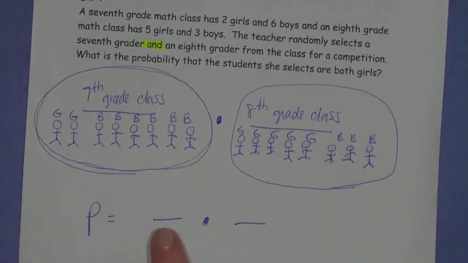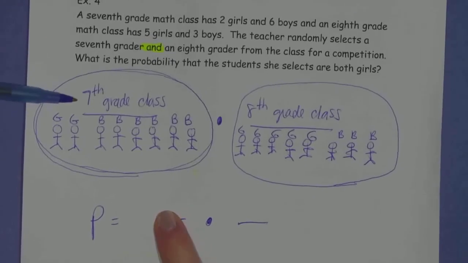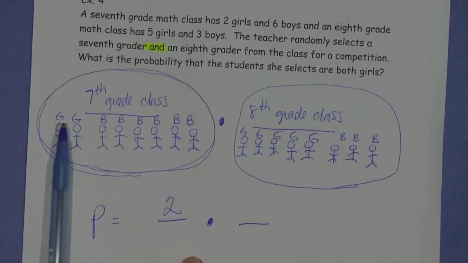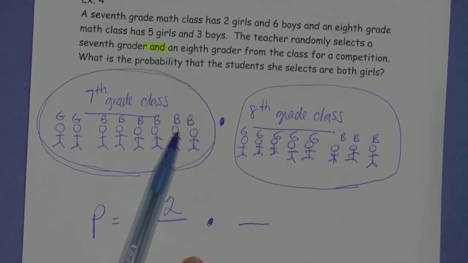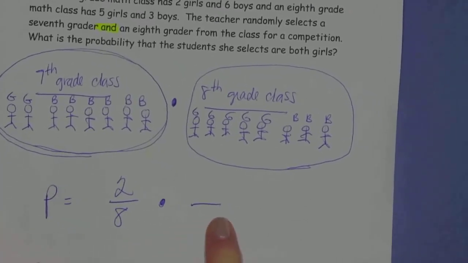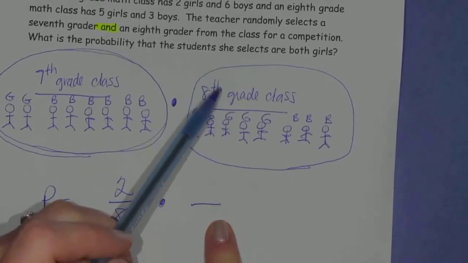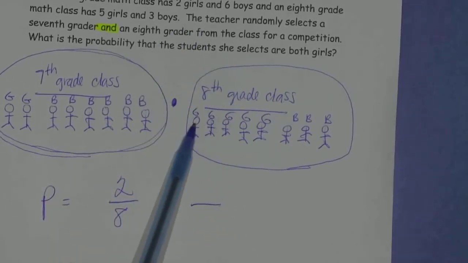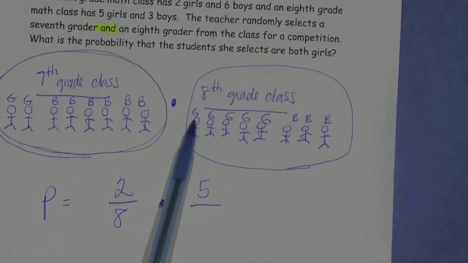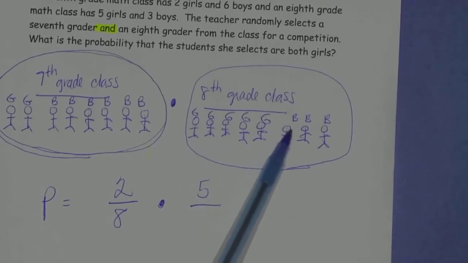Okay, so the likelihood of choosing a girl from the 7th grade is 2 out of 1, 2, 3, 4, 5, 6, 7, 8. The likelihood of choosing a girl from 8th grade is 1, 2, 3, 4, 5 out of 1, 2, 3, 4, 5, 6, 7, 8.